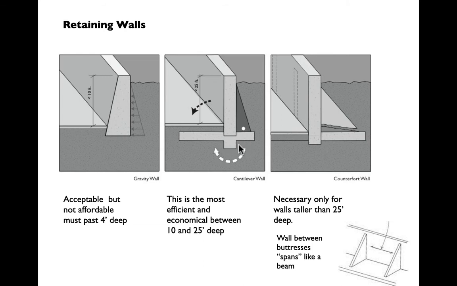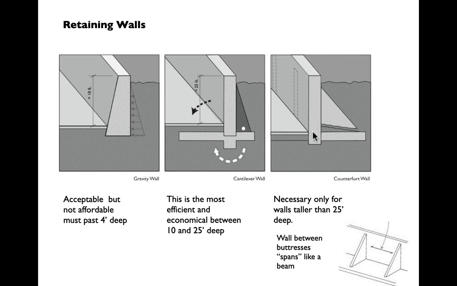It pushes against the soil below in the opposite direction as the soil above it is pushing the wall. So the soil above the wall is trying to put a counterclockwise moment into our foundation. The key and also this kind of cantilever here pushing against the soil are providing a resisting moment that goes in the clockwise direction. And this is going to keep the wall stable.